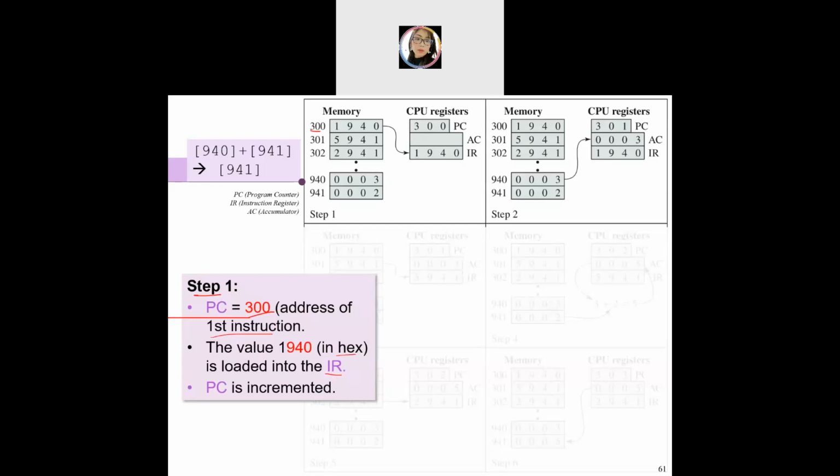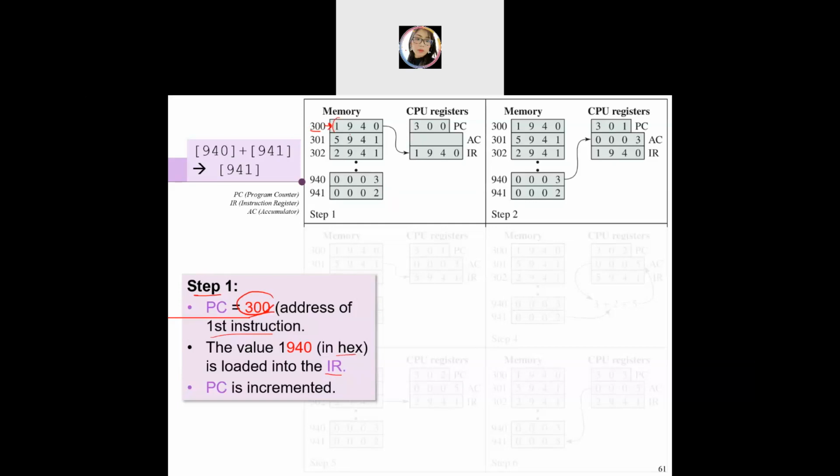You need to know the size. Inside the memory, our offset starts at 300.